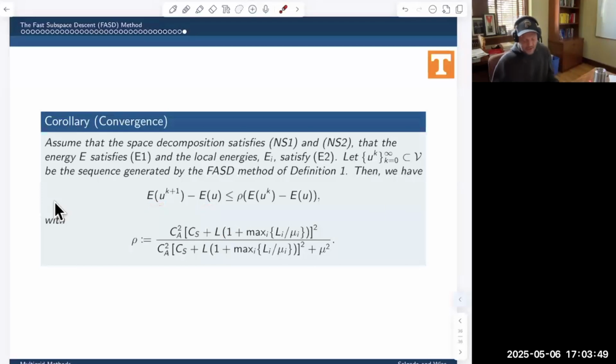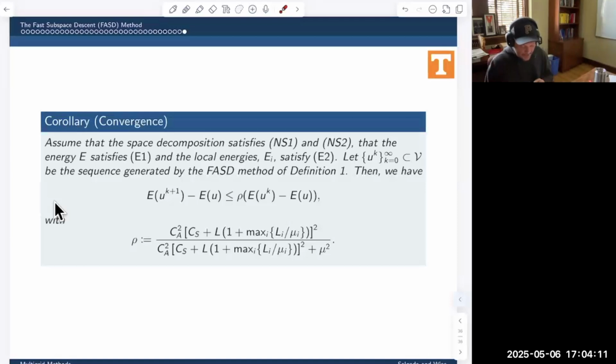You can't change that. These subspace local Lipschitz constants and constants mu i are, again, in the best scenario, you can choose those so that the ratio is just equal to 1. And so those aren't that bad either.